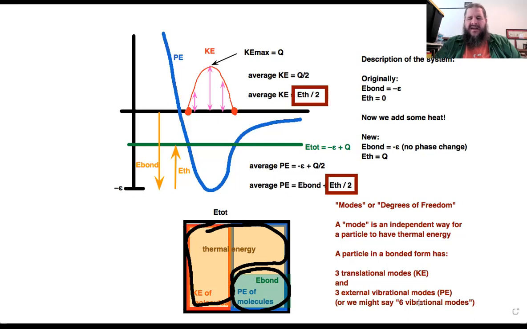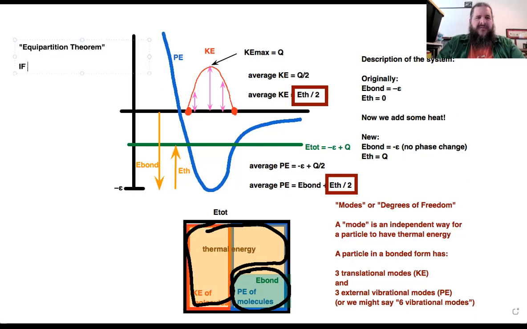But this idea that if everything's at the same temperature, then energy is evenly distributed to all the modes, this is really the key idea behind pretty much all of thermodynamics. And this is typically called the equipartition theorem. Equipartition in the sense of equally split up, equal shares to all the modes.